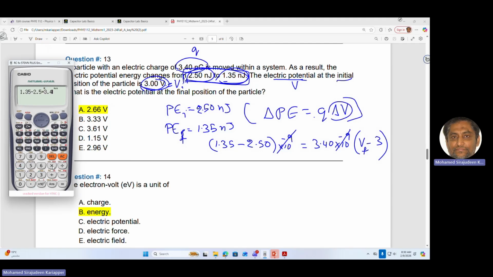Now you need to put the multiplication and start the bracket. Here it is important. So VF is the unknown, so you use the X for that. Alpha x minus 3.